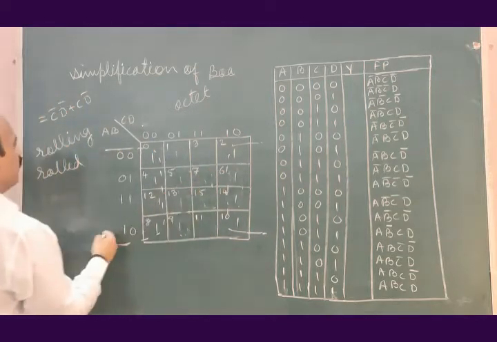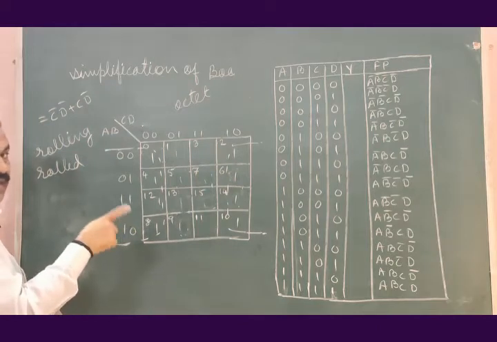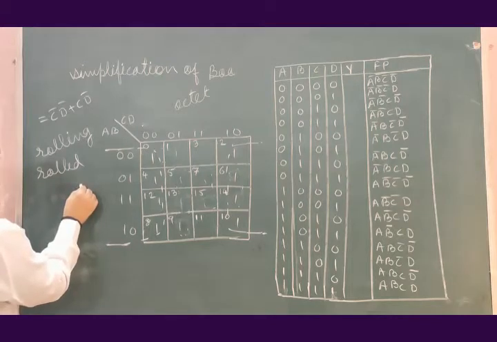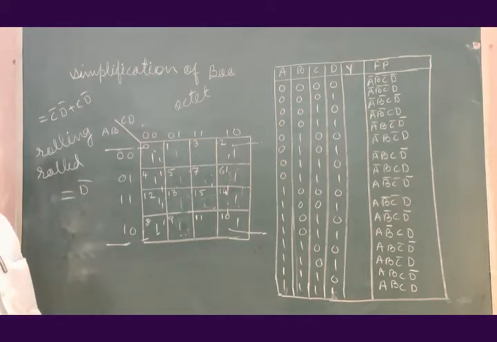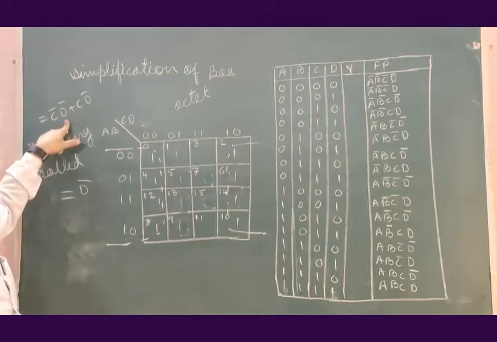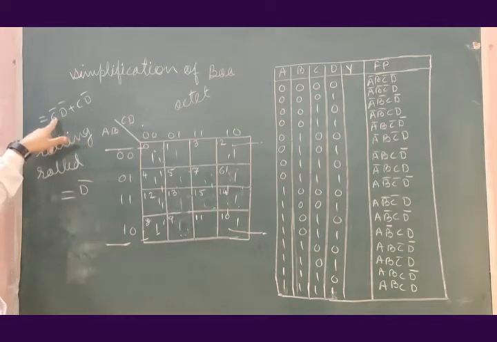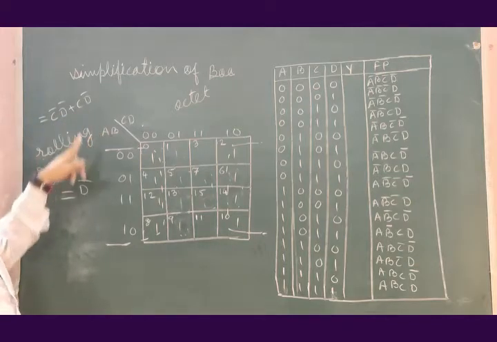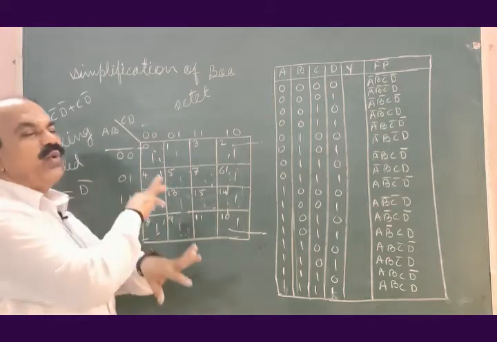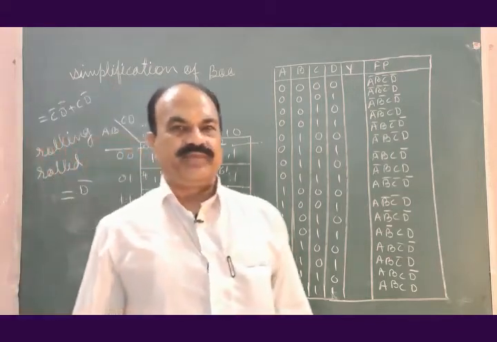The equation of this octet obtained after rolling the map will be simply D bar. Because of rolling of the map, the equation obtained from two quads, C bar D bar or C D bar, is simply converted to D bar.